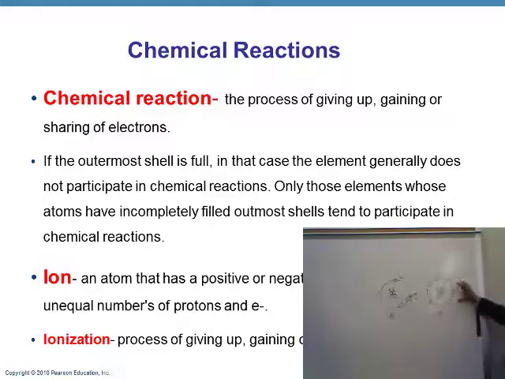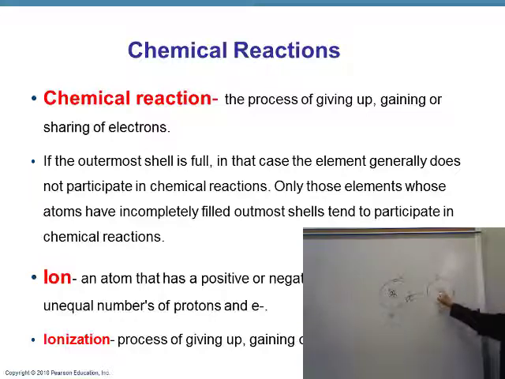So now you tell me, this atom has 3 positive and how many negative? 2, right? Because one has left. So what will happen? This atom is no more neutral, right? It will become what? Positively charged, right?